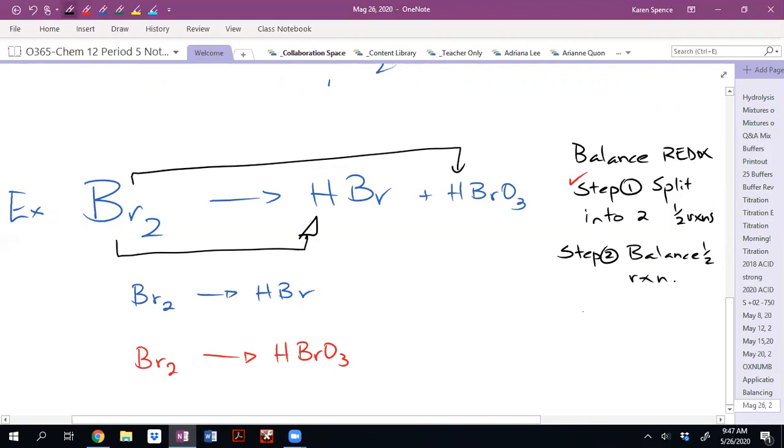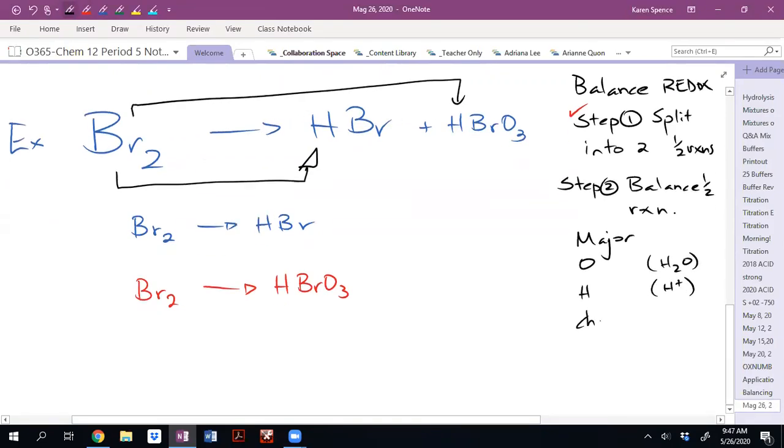And in order to do that, we're going to balance the major elements, and then we're going to balance O by adding H2O. We're going to balance hydrogen by adding H+, and then we're going to balance the charge by adding electrons. We've done this so many weeks now that I'm hoping that the balancing of half reactions is like second nature to you now, or at least it's becoming that way. Okay, so let us balance these.